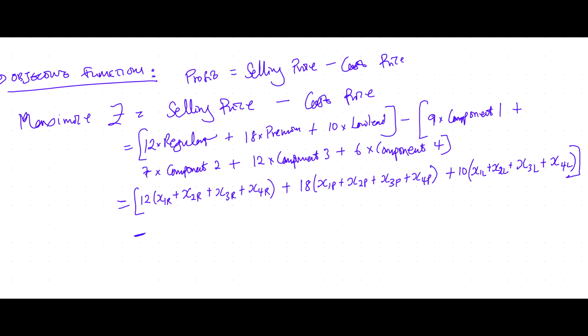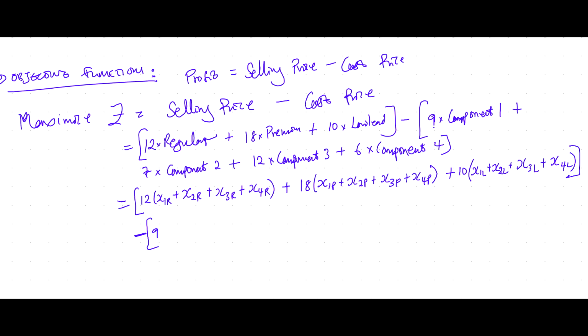Then the minus for the cost. So what's the cost here? It starts with 9. And what are the components? So 9 for component 1.